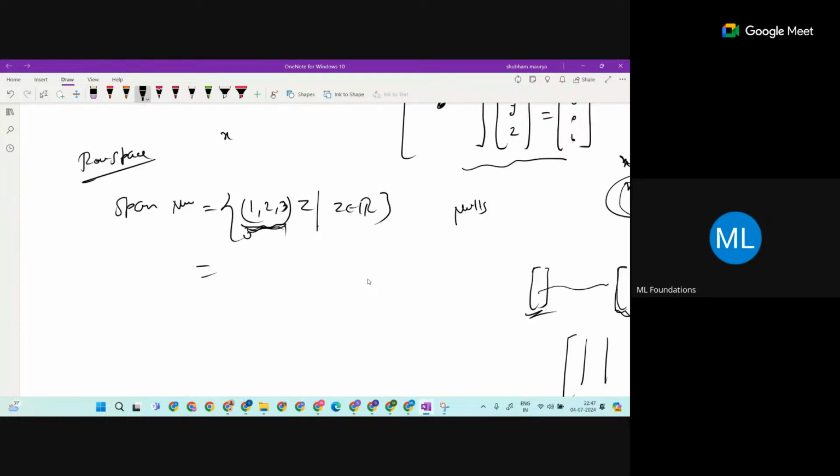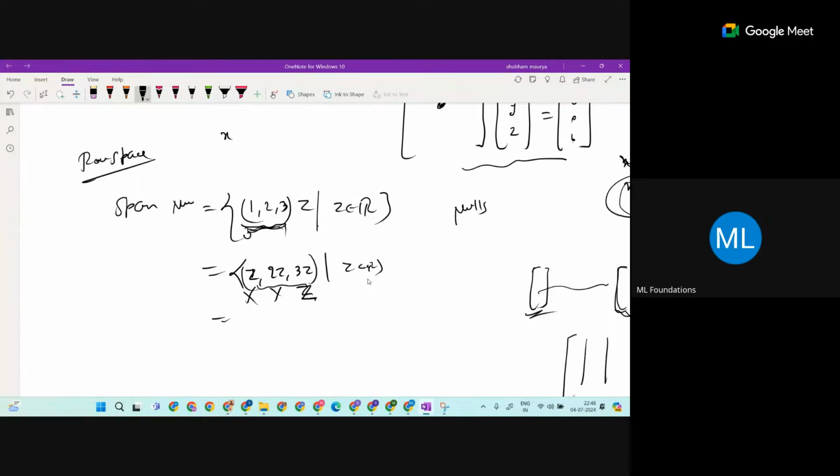If a span is given, that means null space is going to be this one. Z, 2Z and 3Z, and Z belongs to R. So what is the relation now? Can we get a relation between X, Y, and Z? This is X, this is Y, this is Z, here capital Z.